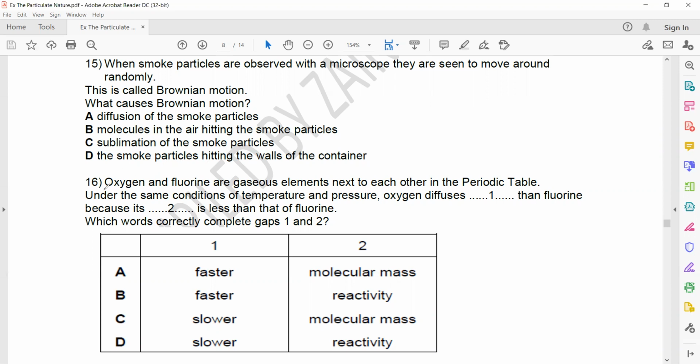I will give you the mass of oxygen. Oxygen is O2, which is 16 multiplied by 2, that is equal to 32. And fluorine is F2, which is 19 multiplied by 2, that is equal to 38. So mass of fluorine is 38 and mass of oxygen is 32.